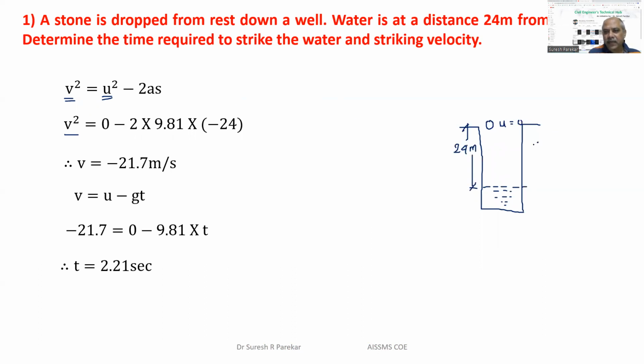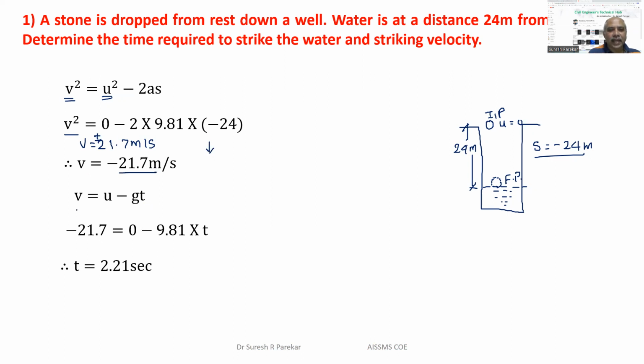Now keep in mind, the value of S is minus 24 meters because this is the initial position and the stone will be here finally, which is the final position. The final position is below the initial, so S is minus. From this we got the value of V as 21.7 meter per second. But we have plus or minus, and as the motion is downward, V is minus 21.7 meter per second.